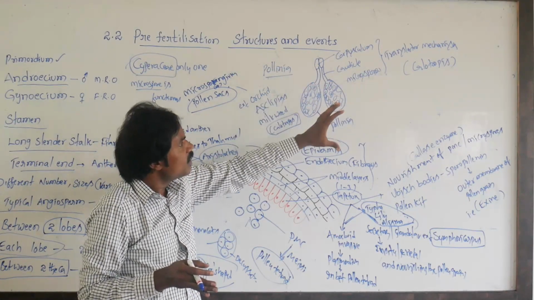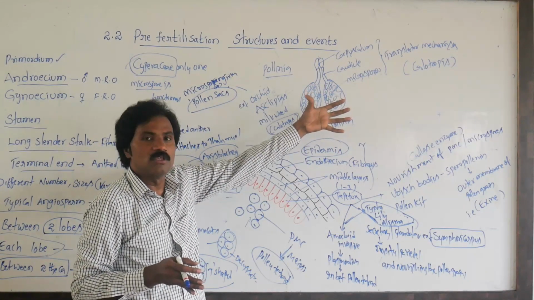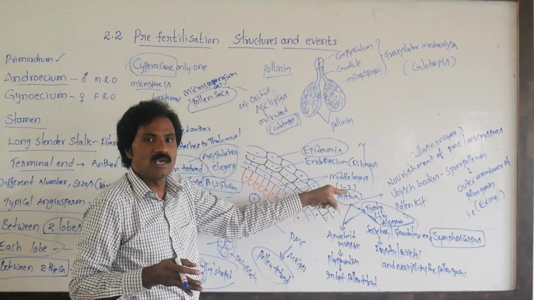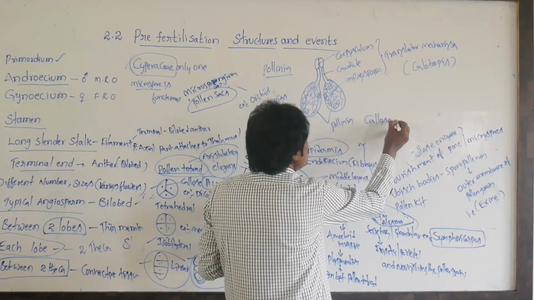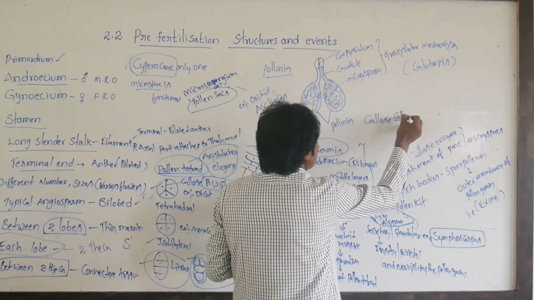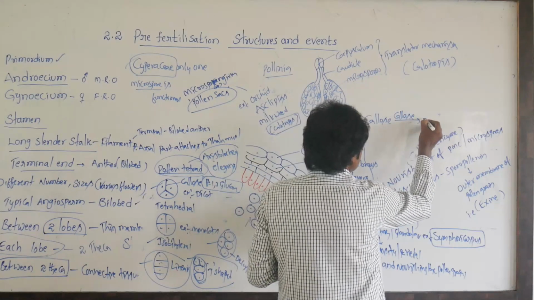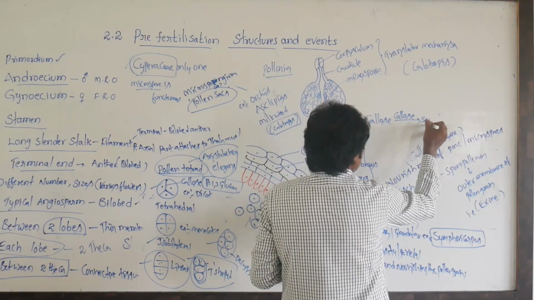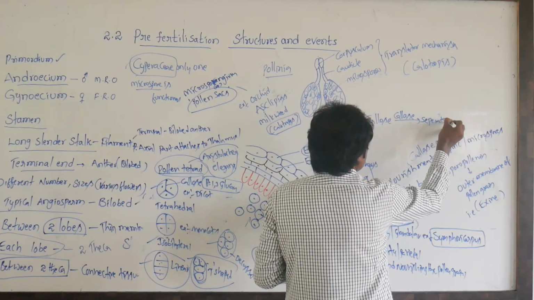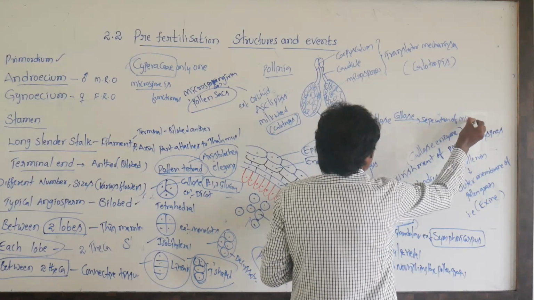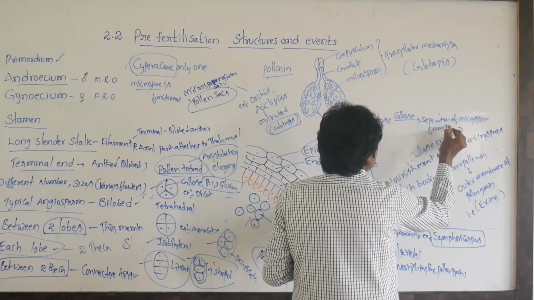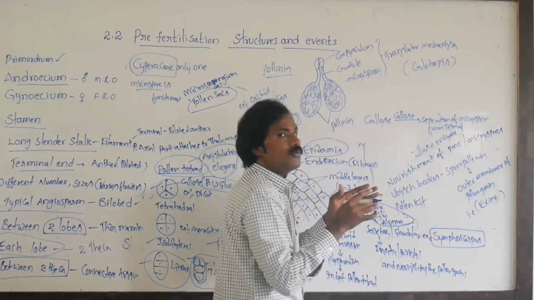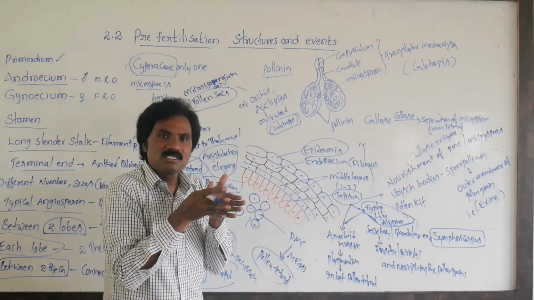After complete maturation, with the help of tapetum cell callose, the separation of microspores from the tetrad occurs. With the help of callose, it must be separated.